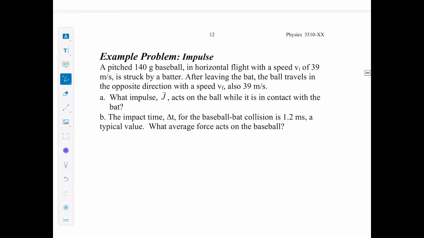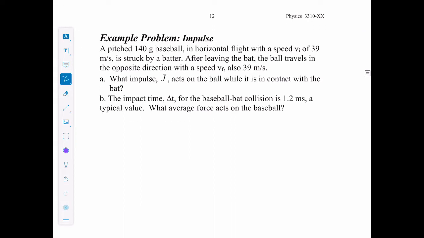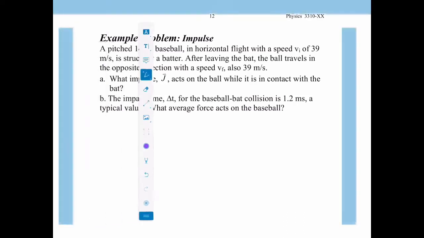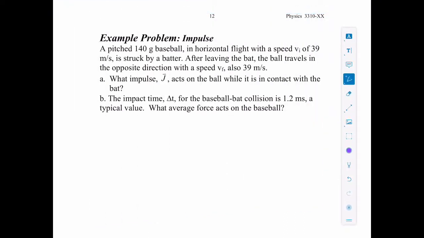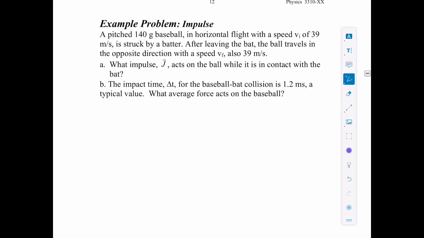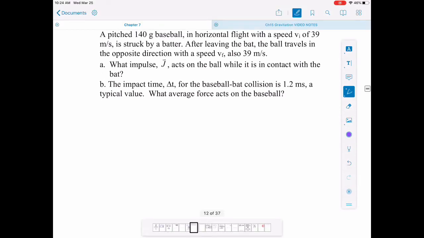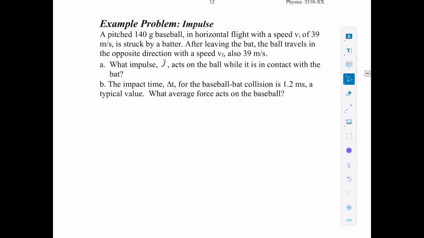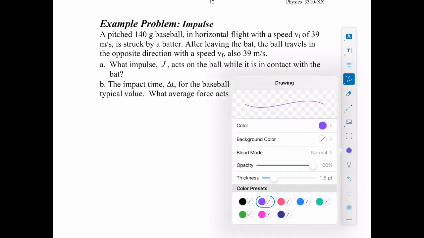All right, so here's an example problem. We have a 140-gram baseball in horizontal flight with a speed of 39 meters per second. It is going to be struck by a batter. After leaving, the ball will travel in the opposite direction with a speed also 39 meters per second. So let's draw a picture here. We've got baseball. I feel like baseball should be red.